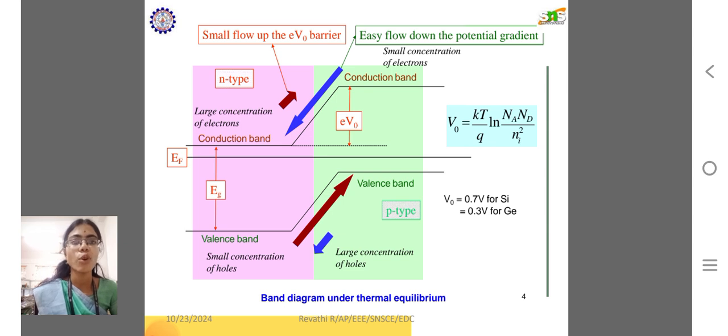A small flow occurs across the barrier potential, where a large concentration of electrons moves from the valence band to the conduction band. A small concentration of holes is transferred, while a large concentration of holes is created in the P type.